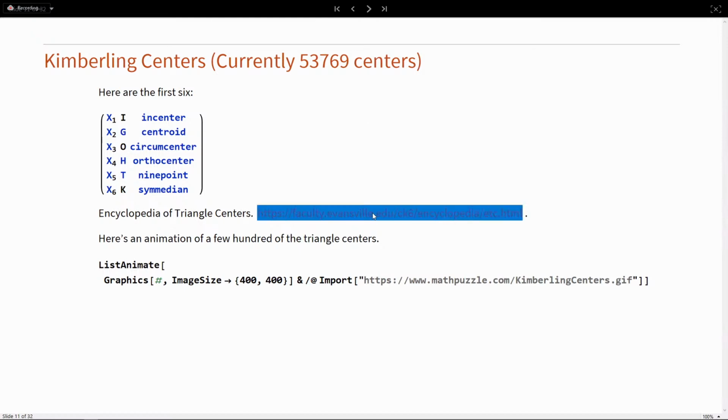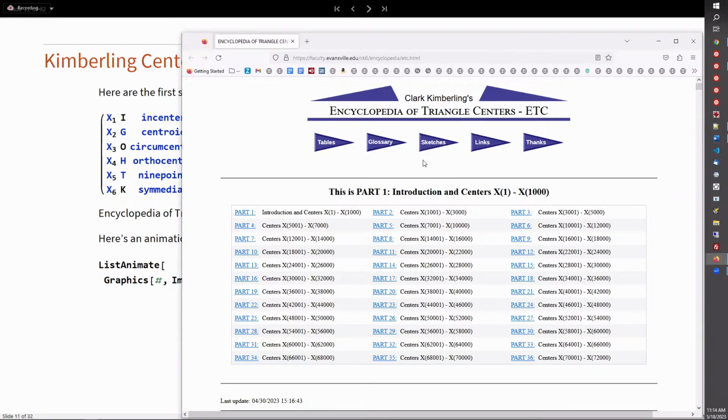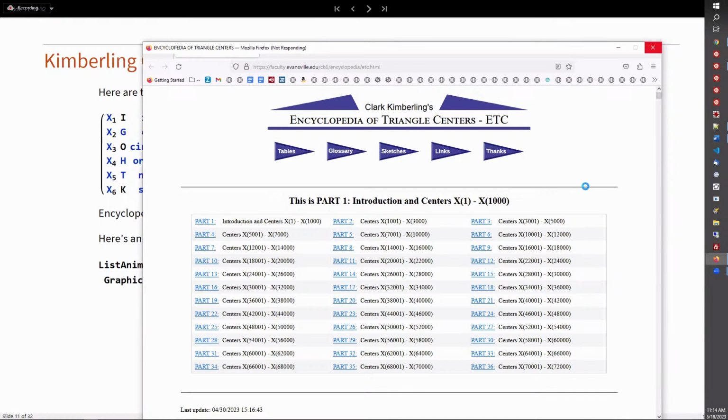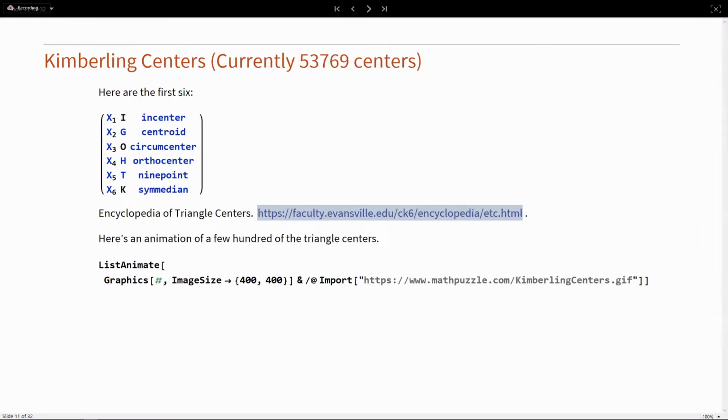In the Encyclopedia of Triangle Centers, which I'll show here, we've got thousands of centers. It takes a while for this site to work sometimes. Let me see if I can scroll down here. I'll just put it over here until it wants to cooperate. It doesn't want to cooperate.